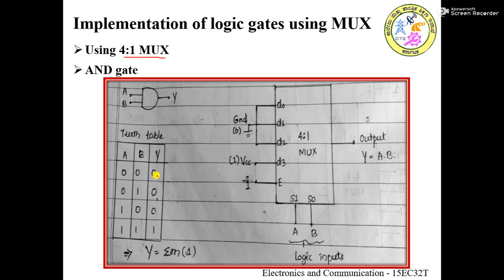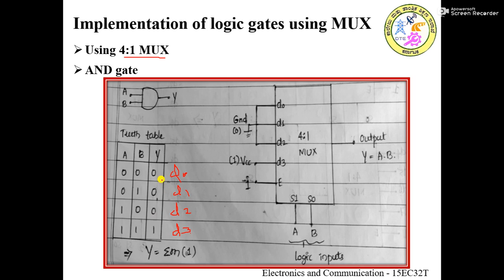With 0 0 I have an output 0, so this 0 is directly mapped with D0. Similarly, for the next case, again it results in 0, which is mapped with D1. The third output is mapped with D2, and the fourth output is mapped with D3.